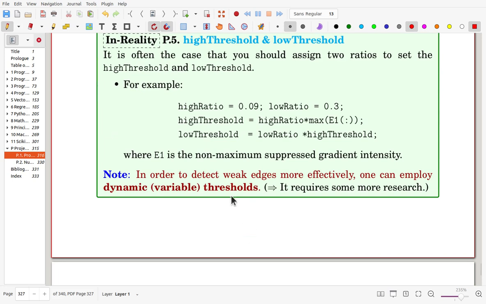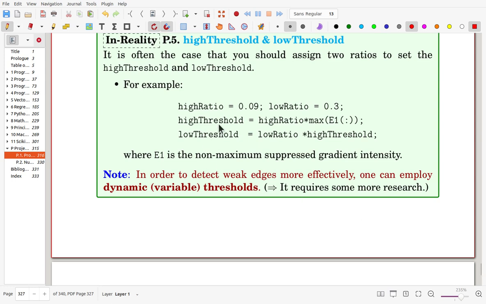In order to detect weak edges more effectively, one can employ dynamic variable thresholds. It requires some more research, but here, detecting strong pixels is quite easy, and strong edges are easily detected. However, some very important weak edges are not easy to detect. In this case, you have to use a dynamic threshold.